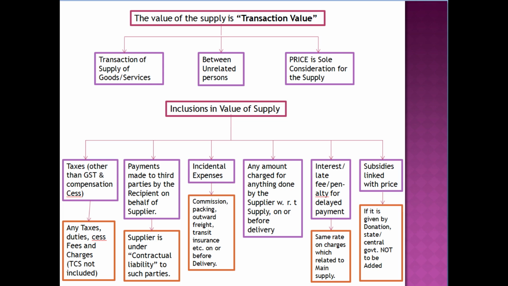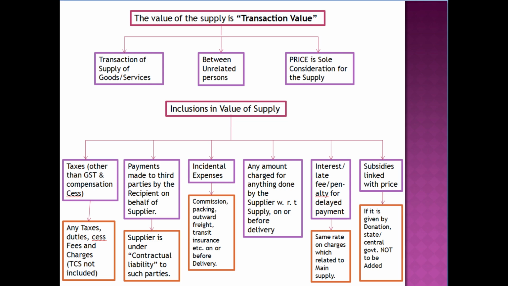And let us discuss the inclusions in the value of supply. There are 6 types of inclusions. The first one is, any taxes, duties, cess, fees or any charges shall be included in the value other than GST and GST compensation cess, which will be charged separately. And TCS under the provisions of the Income Tax Act would not be includable because it is an interim levy, so it is not in the character of tax.